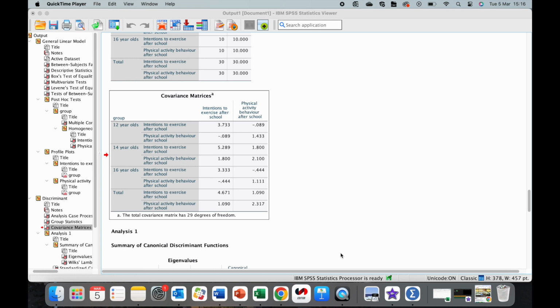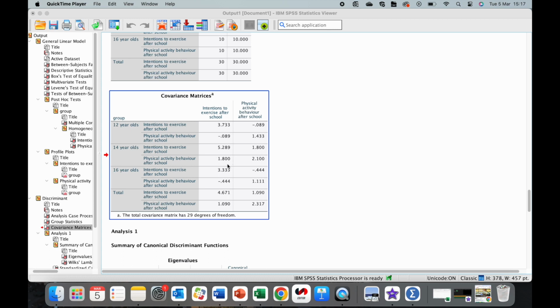16-year-olds. When looking at the covariance matrices, you read it from top right, diagonally left. So for 12-year-olds, it is minus 0.89. This shows that there is a negative correlation in 12-year-olds between intentions and behavior, which suggests that as behavior increases, then intention decreases. The next one is for 14-year-olds and has a score of 1.8.